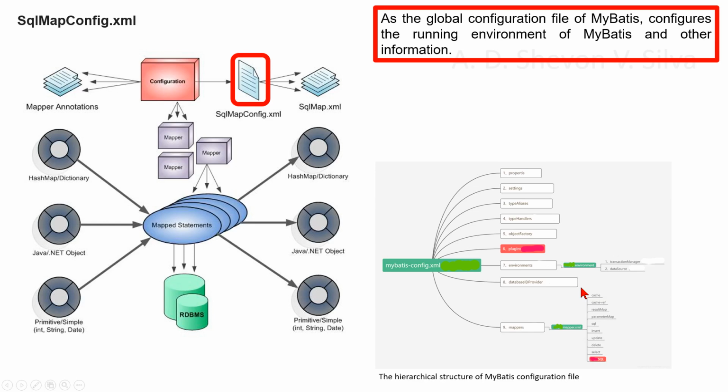MyBatis will load all statements with no database ID attribute or with a database ID that matches the current one. In case the same statement is found with and without the database ID, the latter will be discarded.